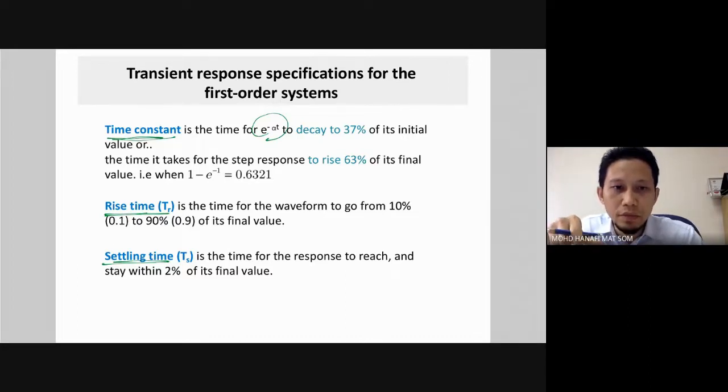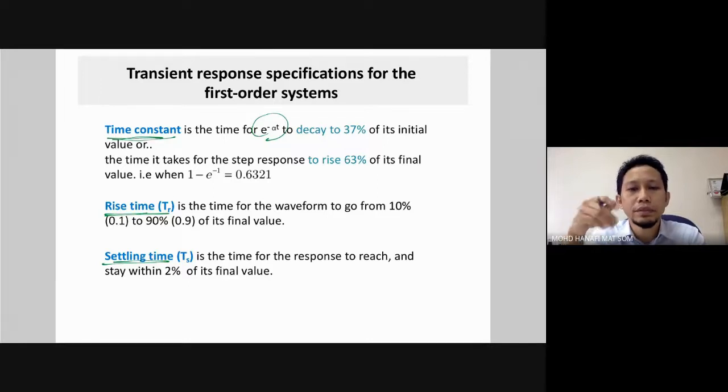The rise time is the time for the waveform to go from 10% to 90% of its final value. And the settling time is the time for the response to reach and stay within 2% of its final value.